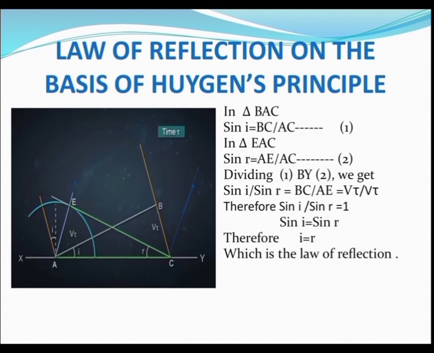BC equals v tau and AE is also equal to v tau. So we get sin I over sin R is equal to 1. On cross multiplying, we get sin I is equal to sin R. Therefore, I is equal to R, which is the law of reflection. Therefore, Huygens principle successfully explained and proved the law of reflection by using wave theory.